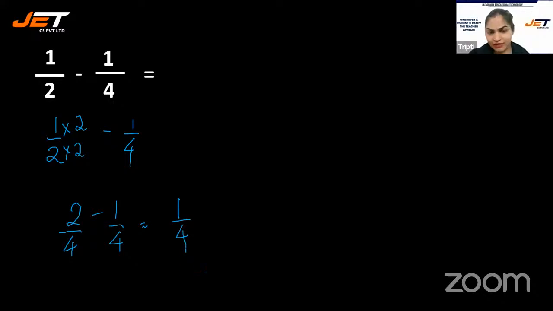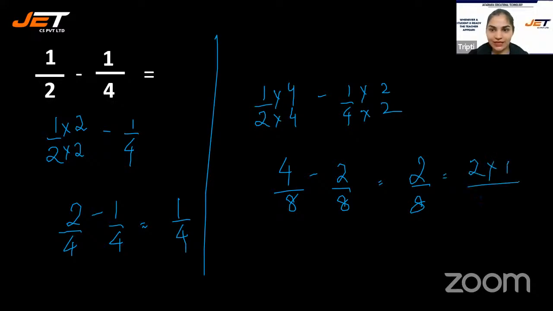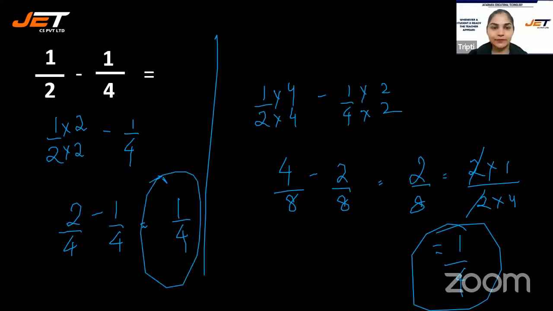I got the answer as 1 by 4. Or this will be like this, and 2 by 8, which can further be written as 1 by 4. Okay, both the ways are correct. 1 by 4 is the answer.